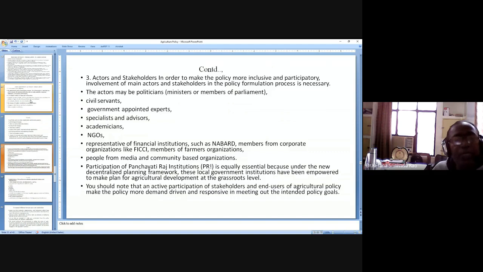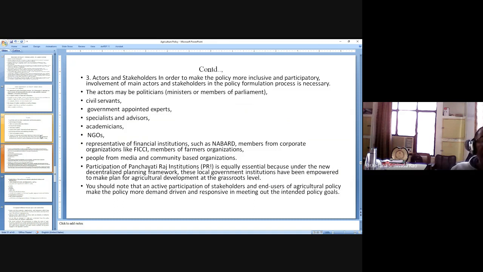The actors may be politicians, ministers or members of parliament, civil servants, the bureaucrats, government-appointed experts, specialists and advisors, academicians, NGOs, representatives of financial institutions such as the National Bank for Agriculture and Rural Development, NABARD, members from corporate organizations like FICCI, the Federation of Indian Chambers of Commerce and Industry, members of farmers' organizations, and people from media and community-based organizations.